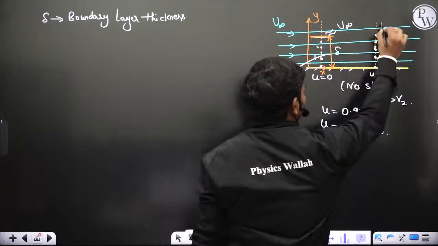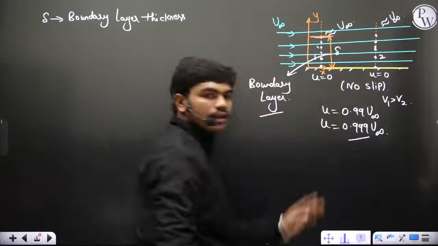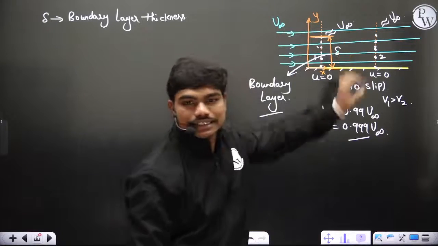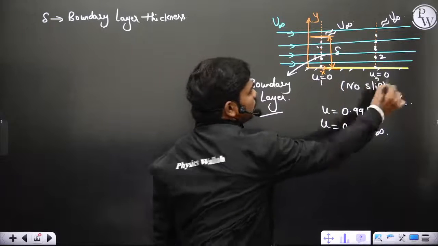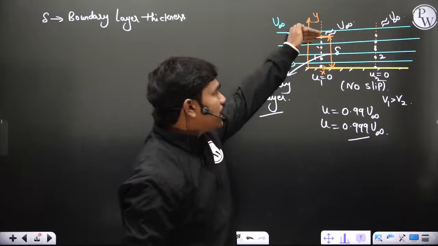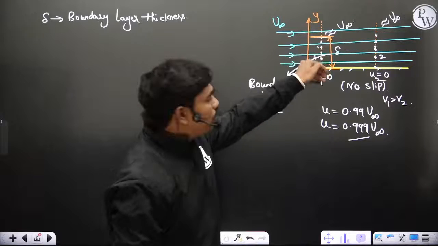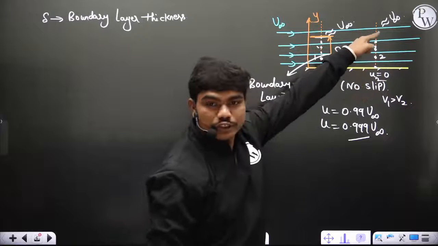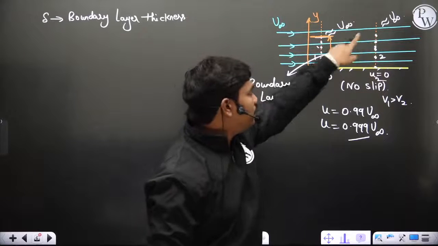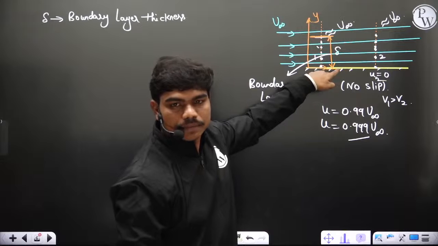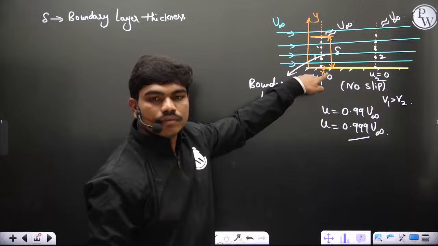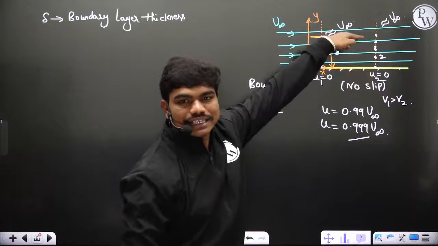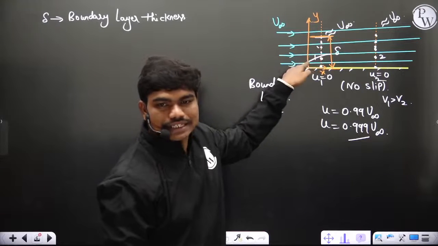Let us suppose we call this section 1 and section 2. Here, after traveling a distance of delta you have reached approximately u infinity. Now at this section, when the particles are getting slowed down, if you want to reach u infinity, will the distance you have to travel be more than this delta or less than this delta? My question is, if you want to touch a layer of u infinity at section 2, do you have to travel a distance which is more than this delta or less than this delta?